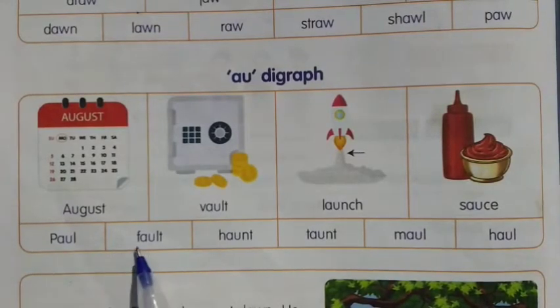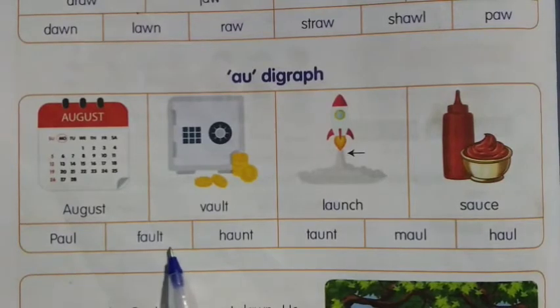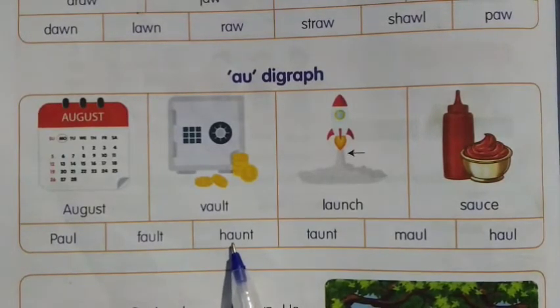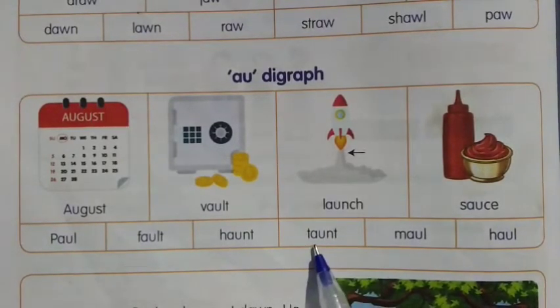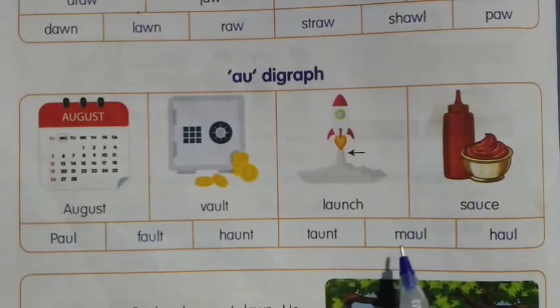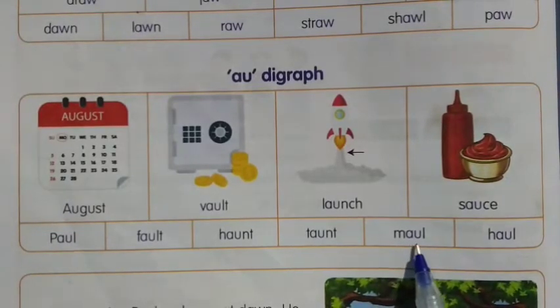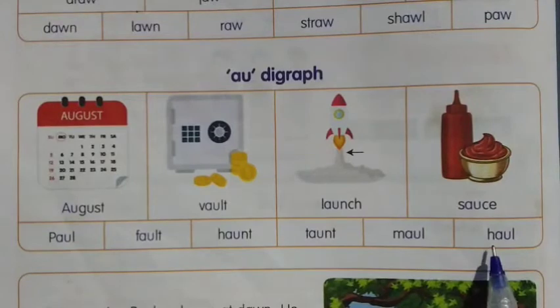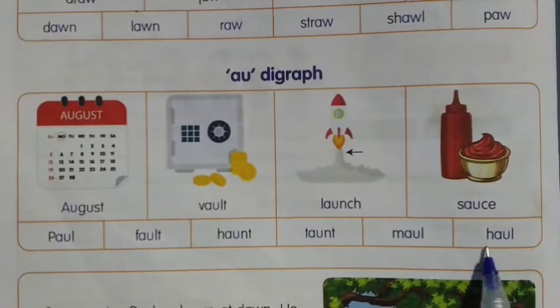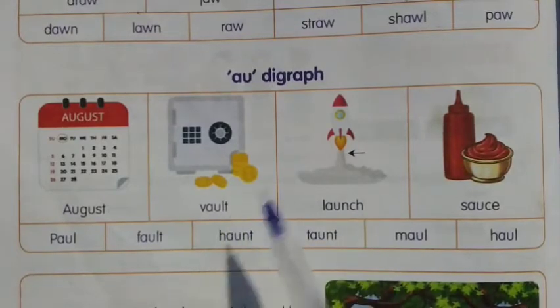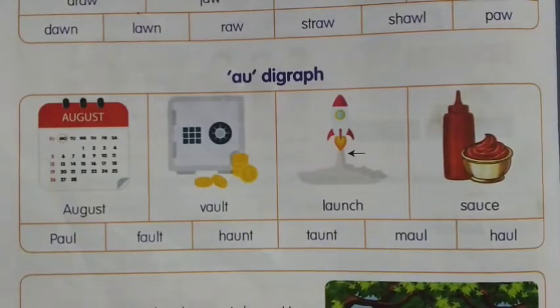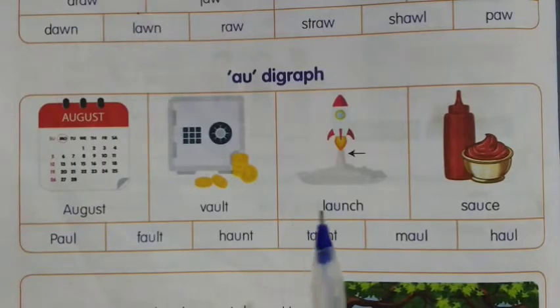Paul. Fault. Hunt. Taunt. Mall. Hall. Like this, try to read all those words for these two digraphs by using blending technique on your own.